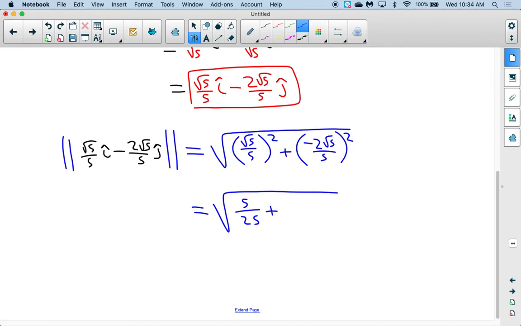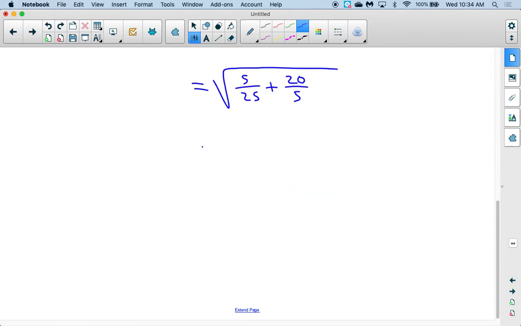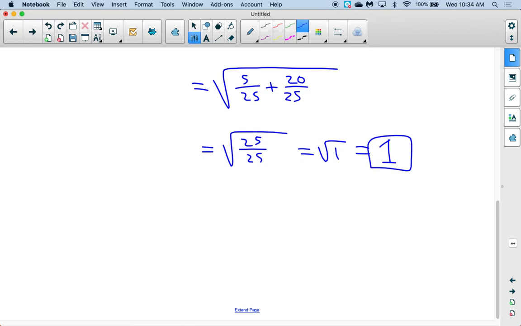The square of the radical 5 is 5. 4 times 5 is 20, so that's 20 over 5. So this is equal to radical 25. Oops, sorry, that's a 20. That's 25 right there. Okay, 25 over 25, which is radical 1, which is 1. It's what all unit vectors are: the length of all unit vectors is 1, okay?